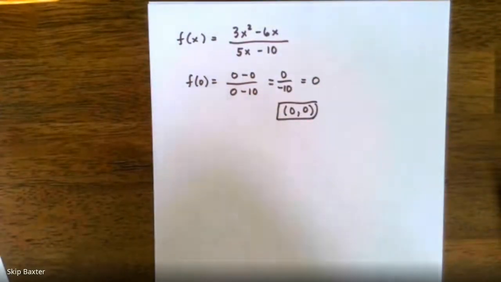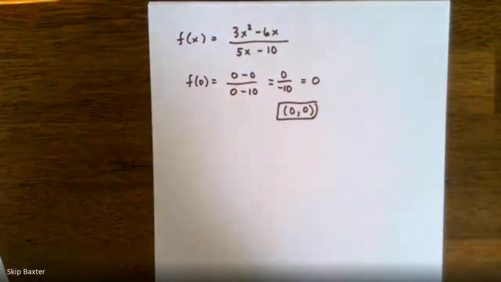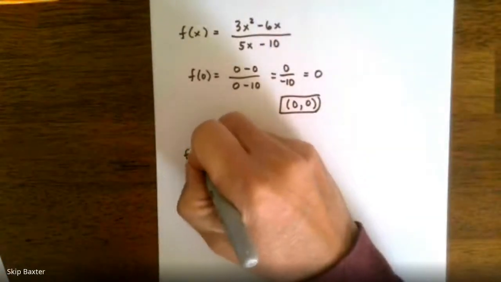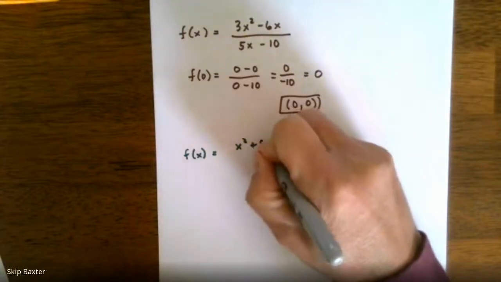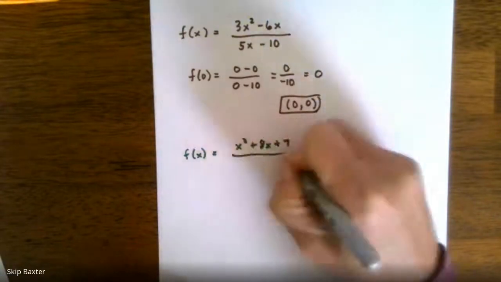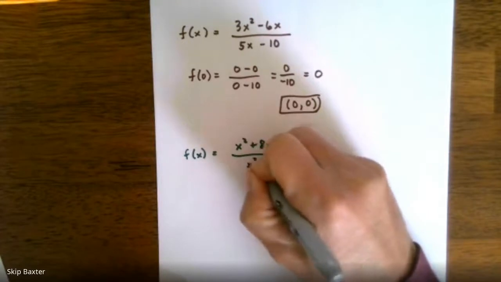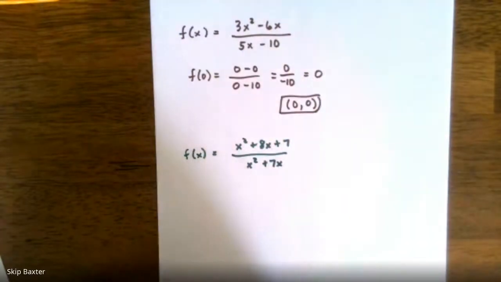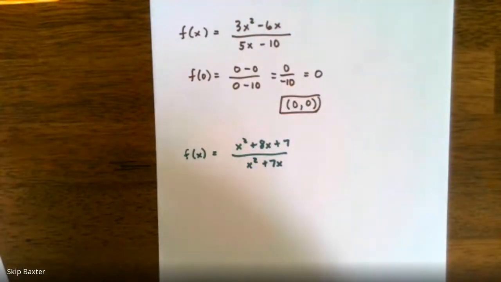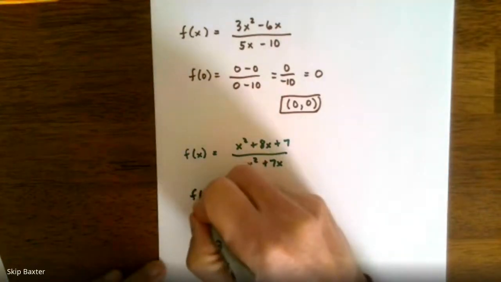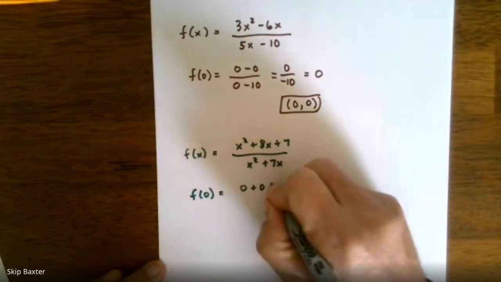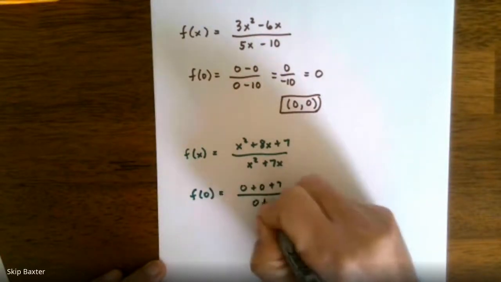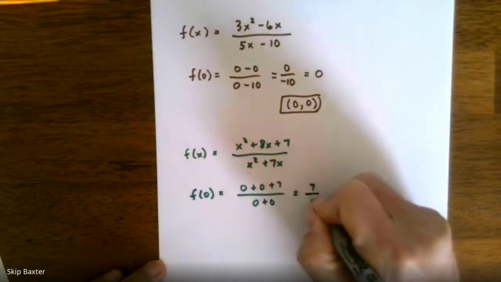Okay, one more example. If it was something like f of x equals x squared plus 8x plus 7 over x squared plus 7x. If I set x equal to 0 in this case, I get 0 plus 0 plus 7 over 0 plus 0, which is 7 over 0.